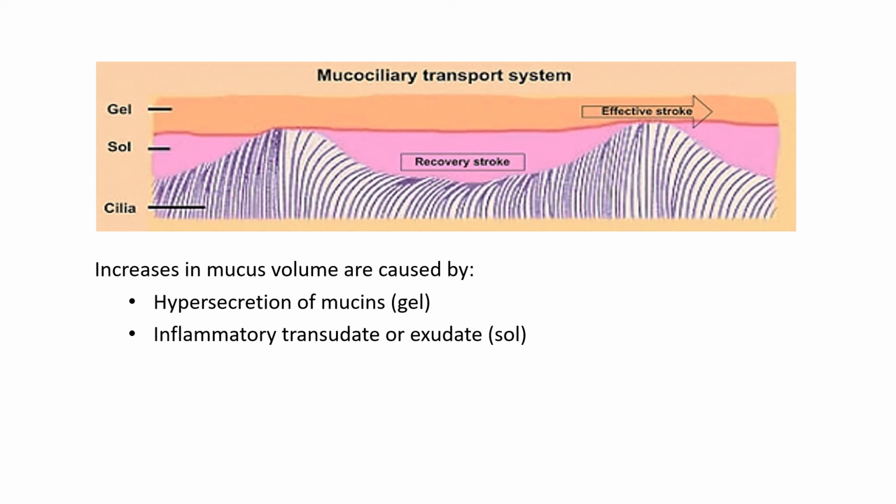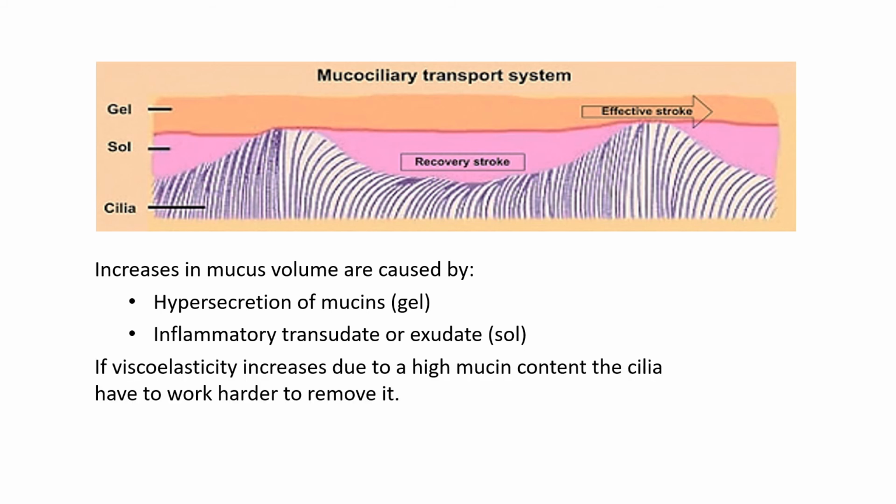And as we said, increases in the volume of mucus itself, so those two layers, can be caused by hypersecretion of the mucins, but also by inflammatory transudate or exudate. As we said, if viscoelasticity increases due to a high secretion of mucins, the cilia are going to have to work harder to remove it.